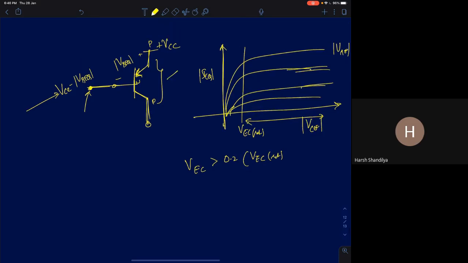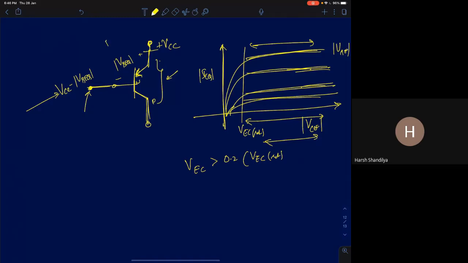As long as the voltage across this is greater than 0.2, this will behave like a current source. So even though the voltage VCE is changing, the current is always constant. It is constant only in the active region, right? What is the active region condition?